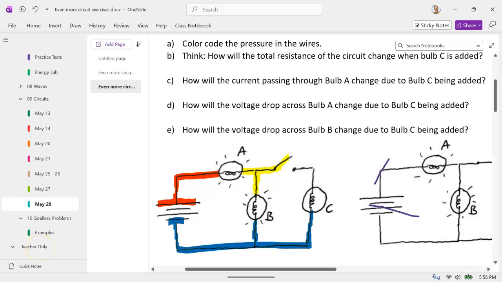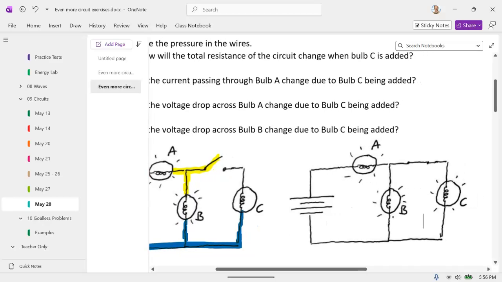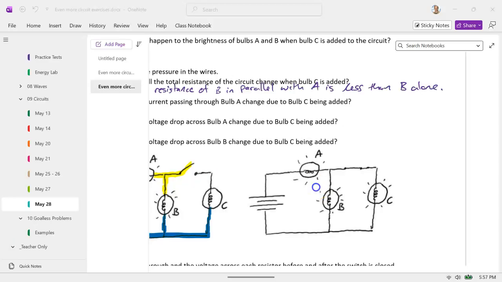The next thing we're going to do is think about how the total resistance of the circuit will change when bulb C is added. Here bulb C has been added in parallel with bulb B. When bulb C is added in parallel with bulb B, the resistance will decrease.